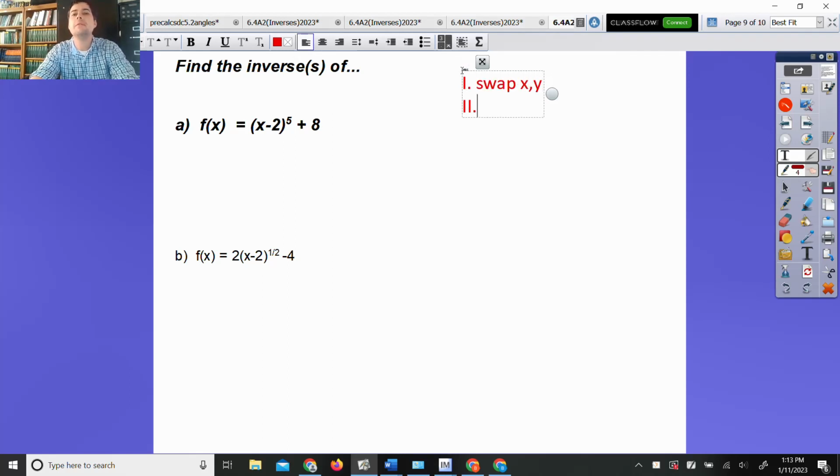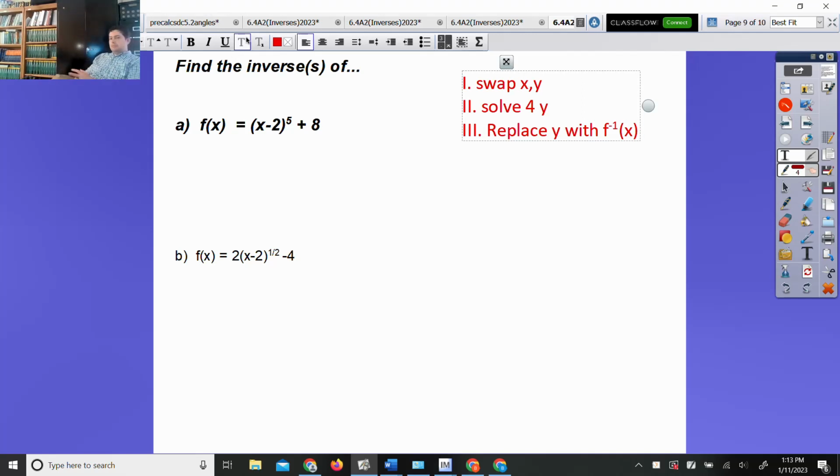After you swap x and y, solve for y. After you do that, replace y with the correct notation, the inverse of f of x. If it's not y, like if it's g or whatever, same thing.